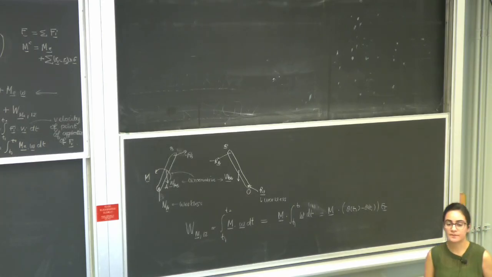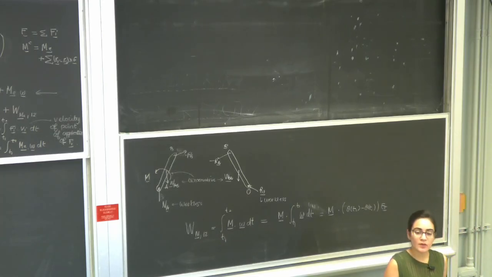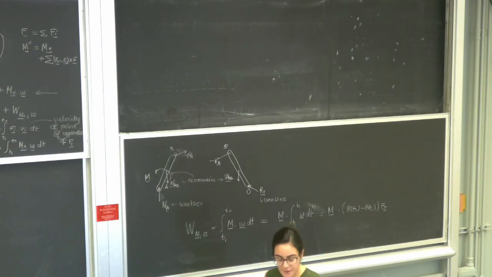Did we not include the wheel at A? The wheel at A, is it massless? If it's massless, then we do not include it. But we do have the friction of it rolling, or is that also work? Yeah, that's workless because it's rolling without slipping.